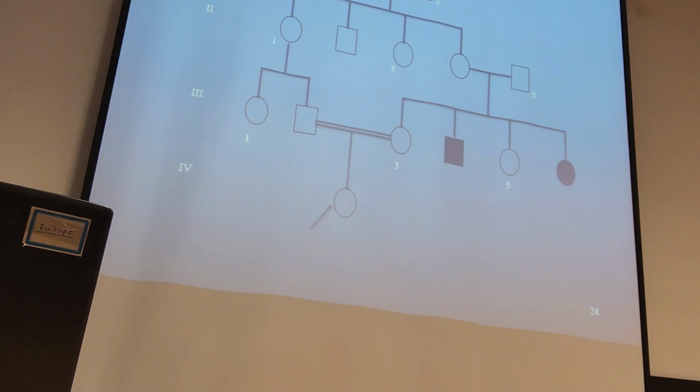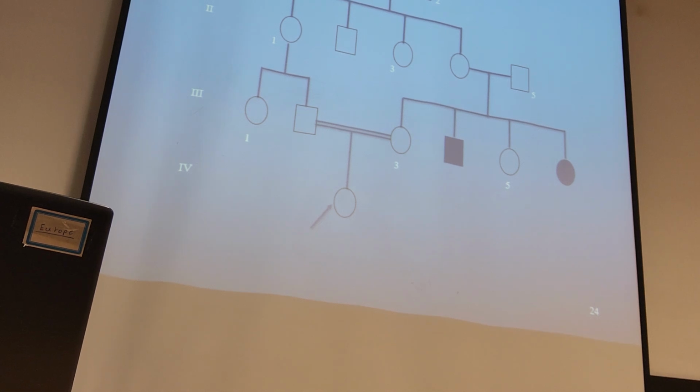To finish this pedigree analysis, this is a pedigree from a family. When we draw a pedigree, the first thing we need to identify is the generation number on the left side: generation 1, 2, 3, and 4.